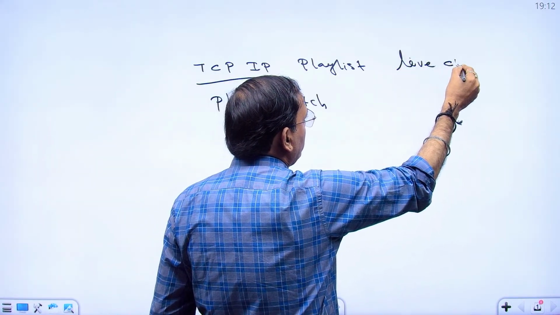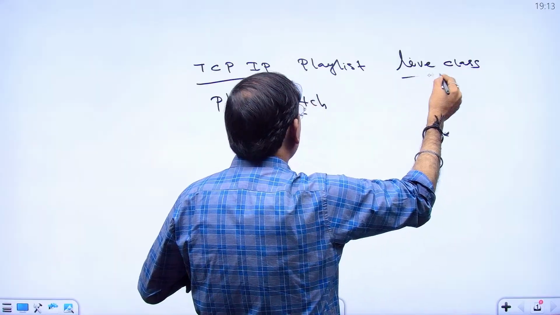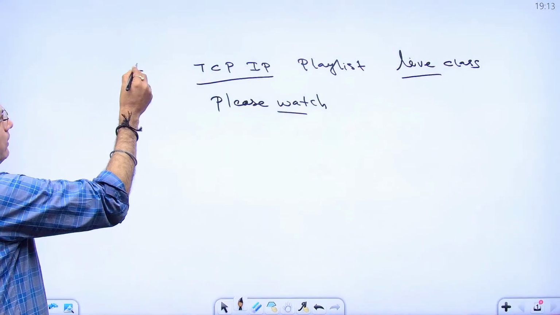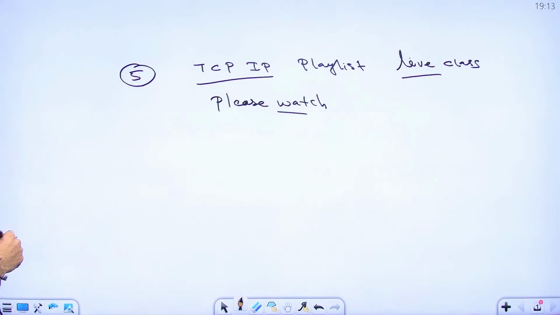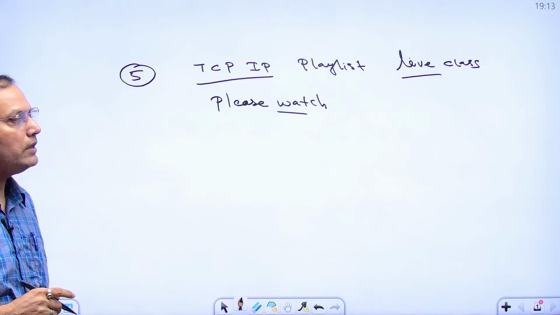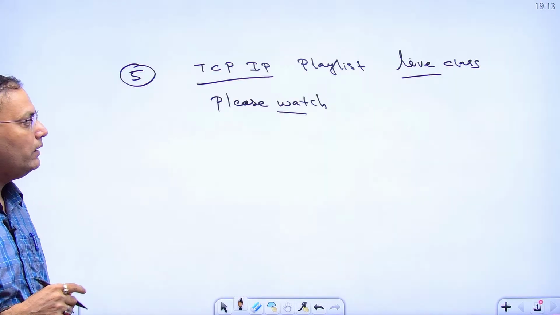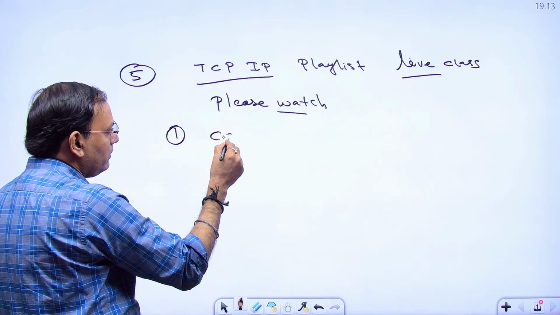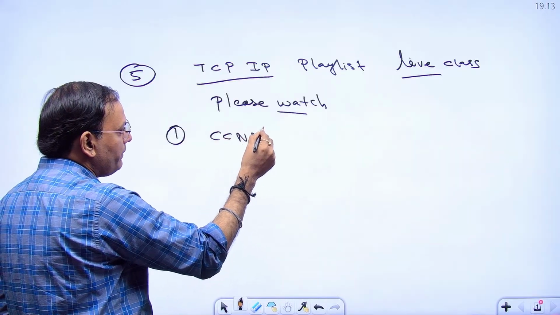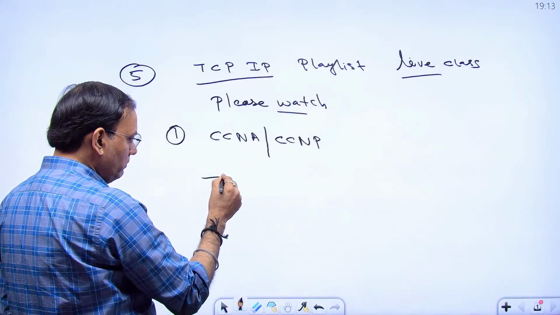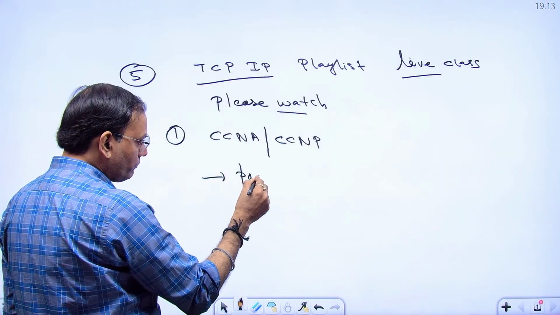So far I have taken 6 classes, this is my 6th class. 5 topics are of TCP IP, around 2 hours. You should watch every TCP IP playlist, right? And this is the first class which I have taken mainly for CCNA, CCNP students, especially for those who are preparing for interview.